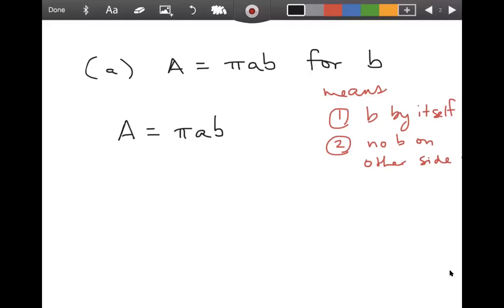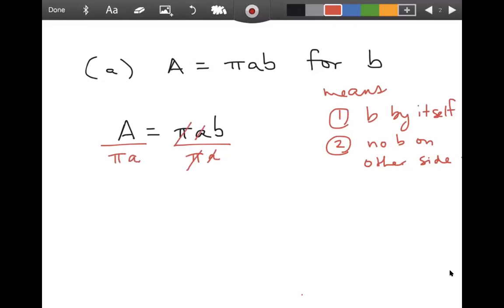Okay, so in order to get B by itself, the thing that's standing in my way is pi times A. So all you have to do is just use the multiplication property of equality. Divide both sides of the equation by pi times A. You see why that works? Because it's going to cancel out that pi, and it's also going to cancel out the little a.